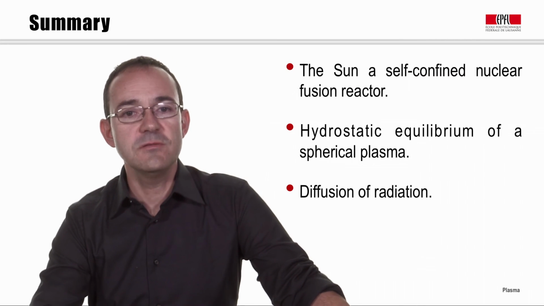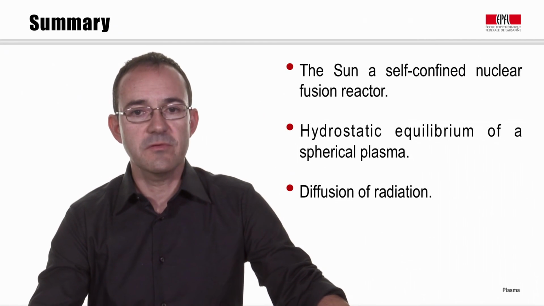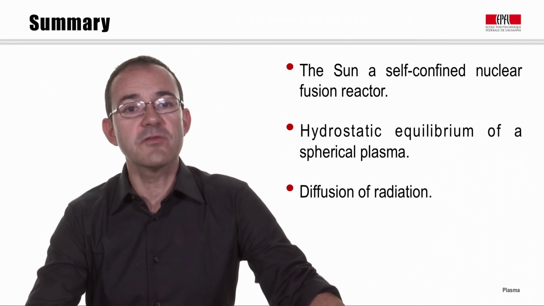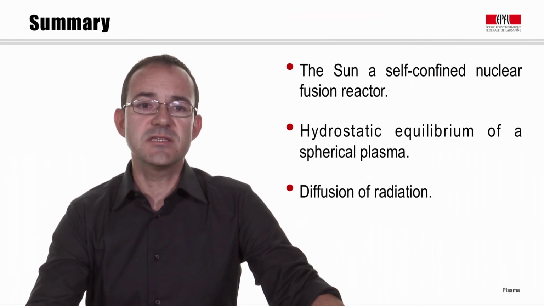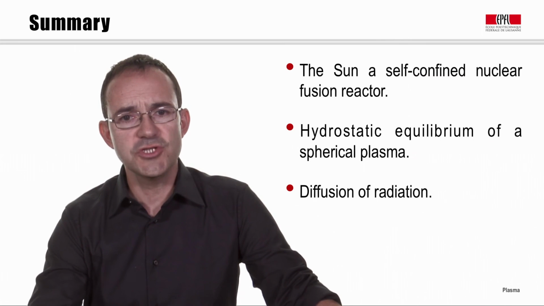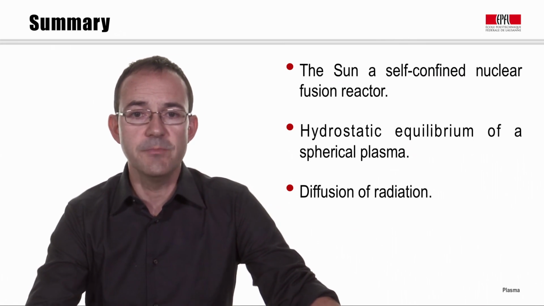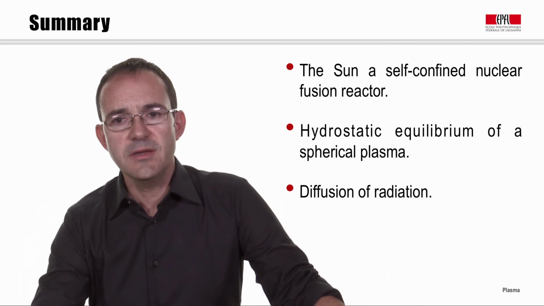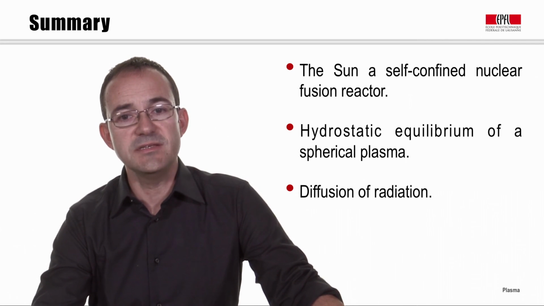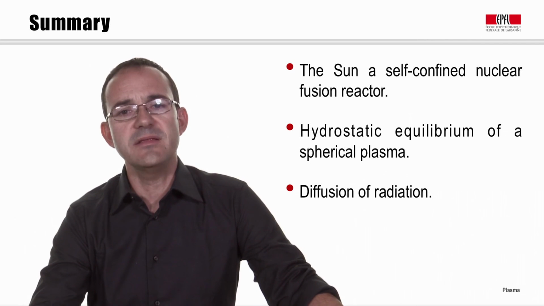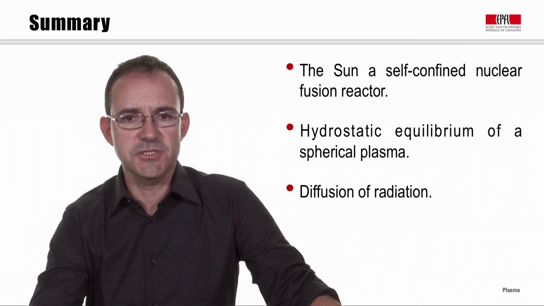In this module, we have derived estimates of solar properties from basic principles. We have made dramatic approximations to shed light on the basic physics. We have made the assumption that the Sun is a homogeneous ball of protons and electrons which are in hydrostatic equilibrium. We have also assumed an ideal equation of state, which is that of ideal gases. We have also made the assumption that the energy is transported solely by radiation.